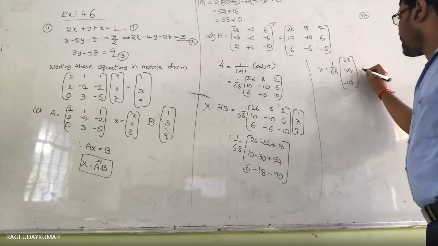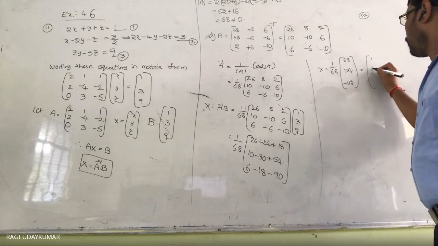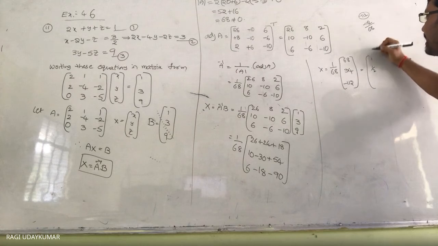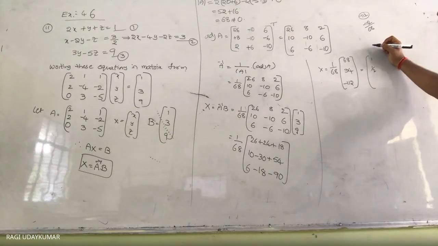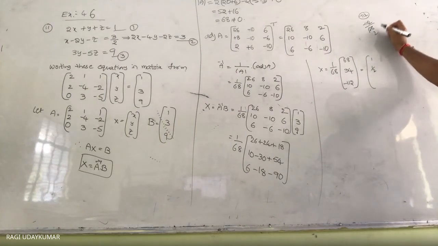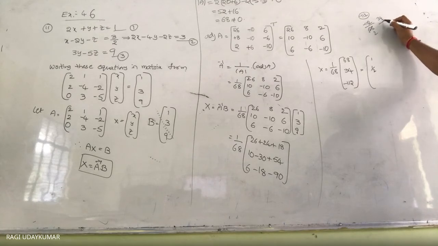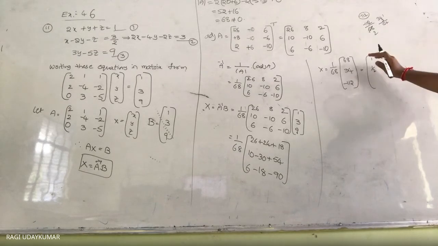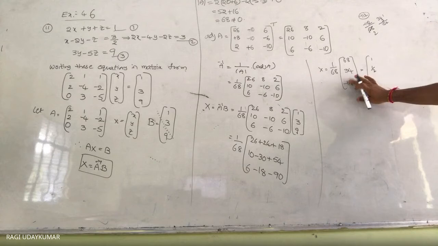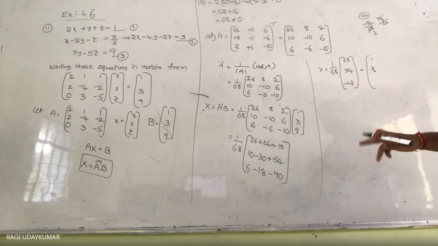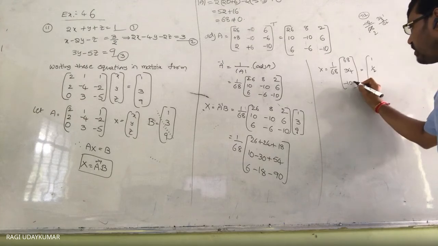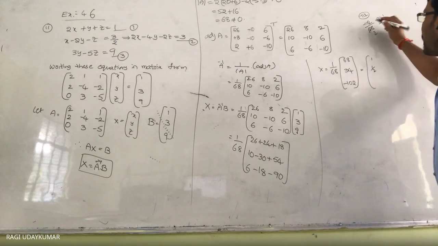So this is equal to 1, 1 by 2, minus 112 by 68. 34 twos are 34, is it? Oh, sorry, 108, 102 we are getting. 102 only, right?